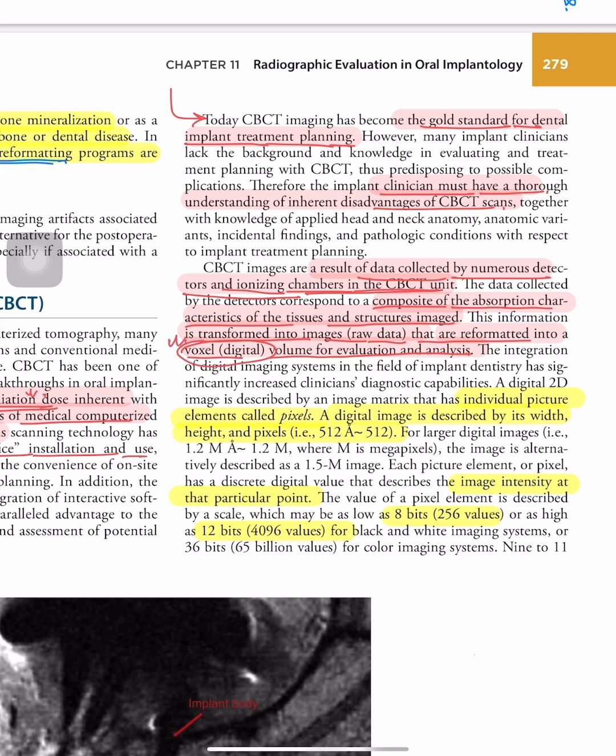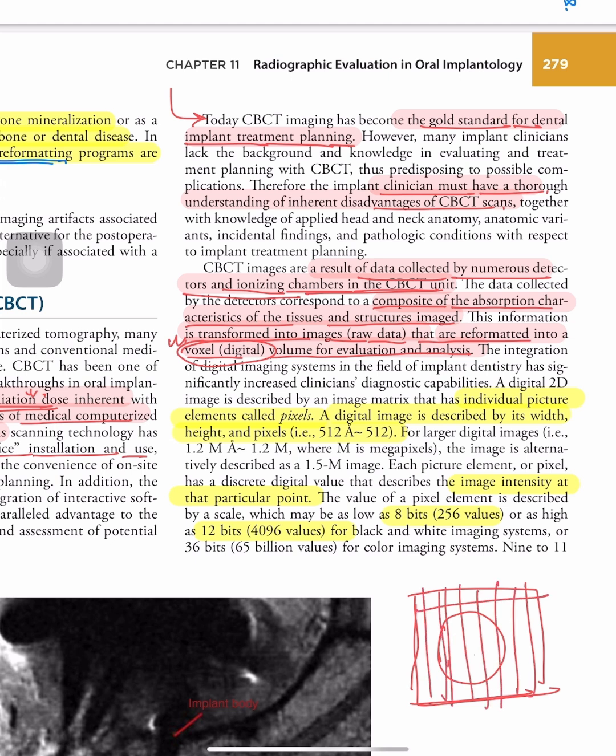See, suppose this is a 2D image. If we divide it into smaller elements, each of these squares would represent a pixel. Suppose this image was a 3D image. In a 3D image, the individual boxes would not be boxes, but rather cubes.